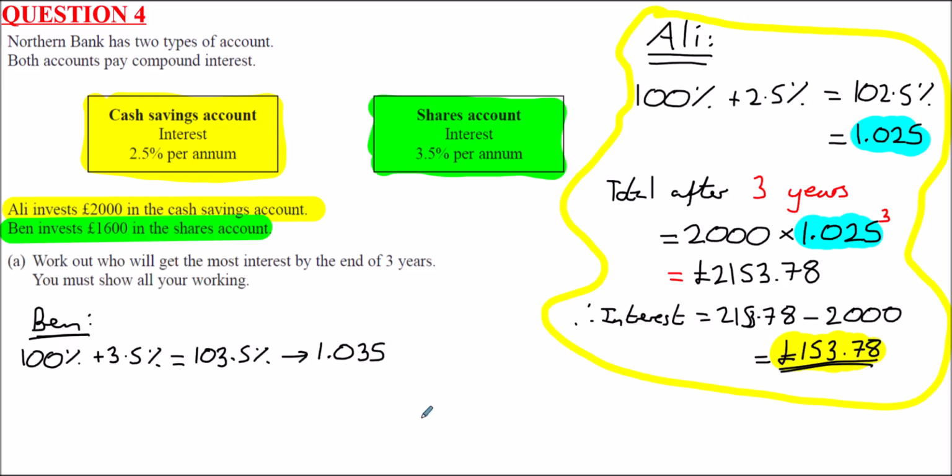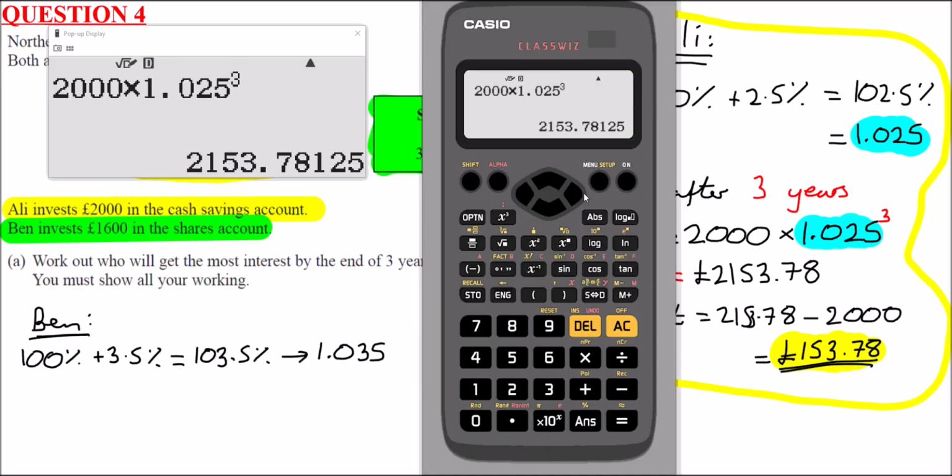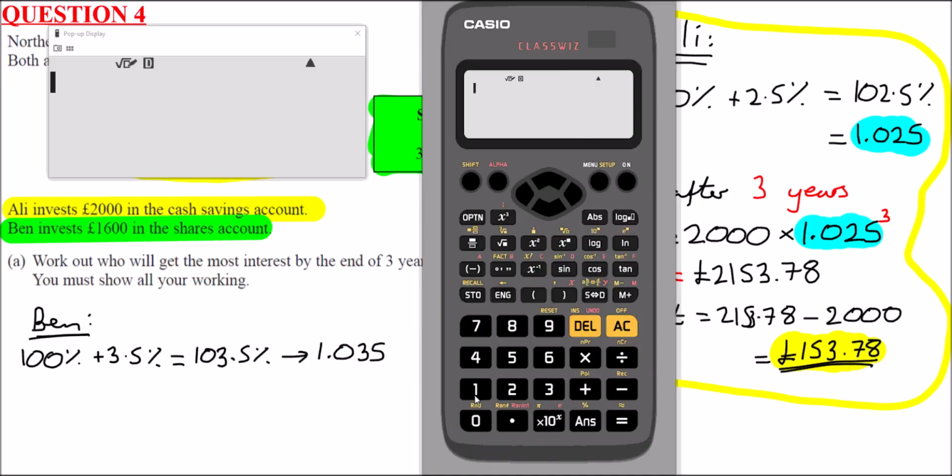I'll just show you how you can get the calculator to do the hard work for you. So if we put 103.5, shift answer to get the percentage button, then press equals, I'll tell you it's 1.035. So I'm not doing anything clever. The calculator could just tell me that anyway.